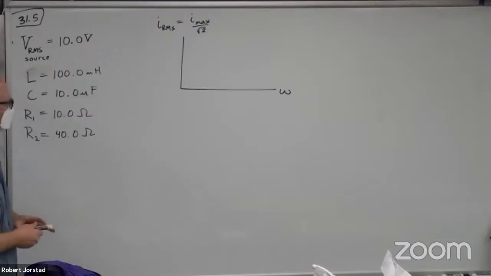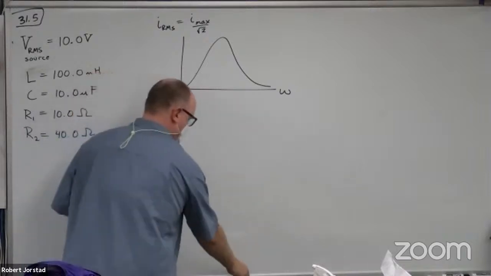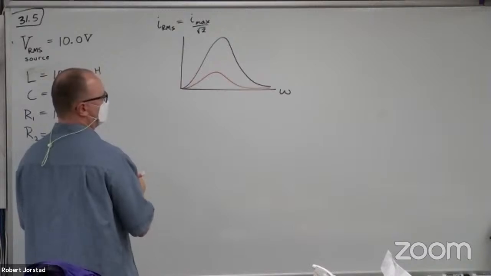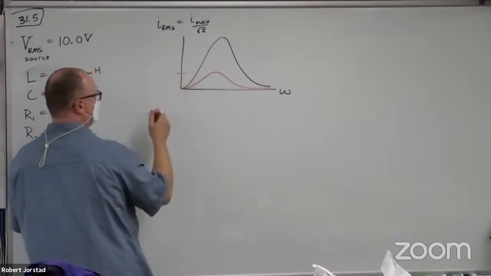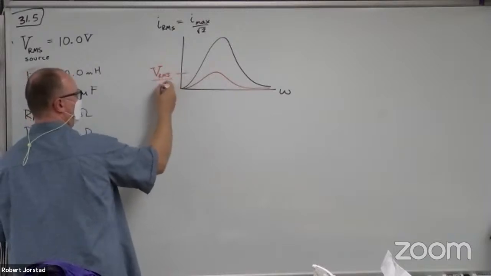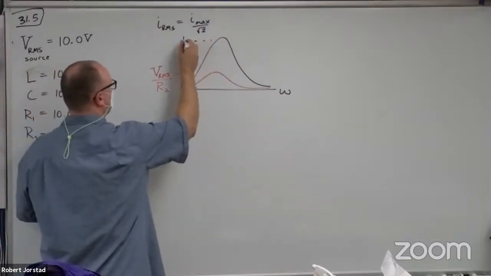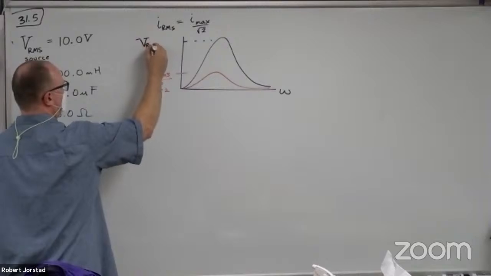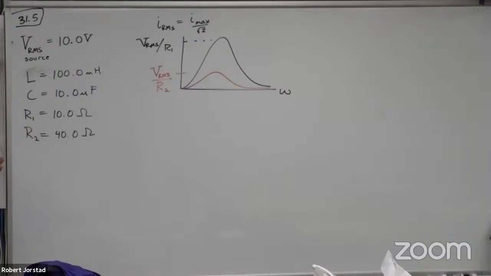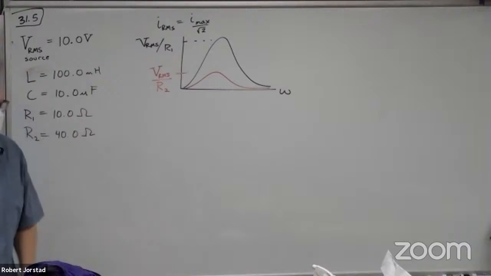Now in this case, one of them goes up like this, and the other goes like this. It's 4 times smaller. Keep in mind, this value should be VRMS divided by R2, and this value up here should be VRMS divided by R1. Why am I using VRMS, not V0? Because we're on an RMS plot. Everything gets divided by root 2.